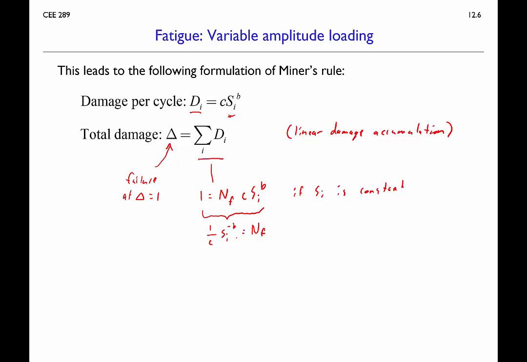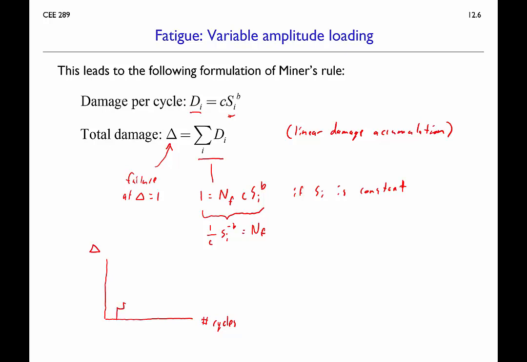But now we don't have a constant S_i, which is the generalization we're going to make. So we don't have a uniform accumulation of damage per cycle. Instead, we can make a plot of the number of cycles versus delta. At each cycle, we're accumulating some amount of damage, D_i.